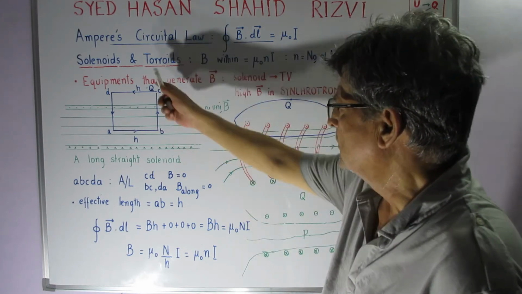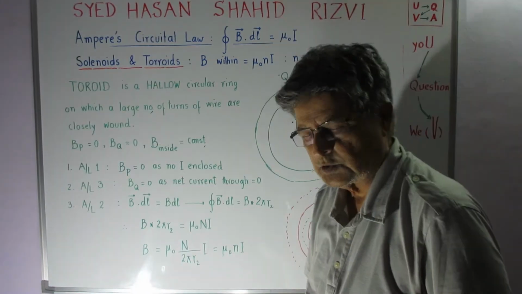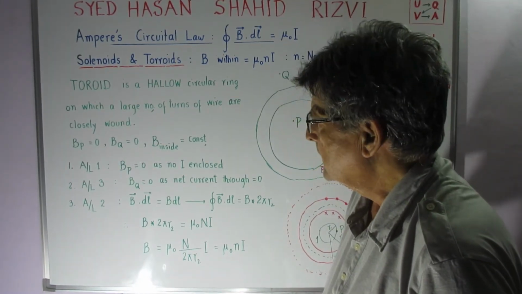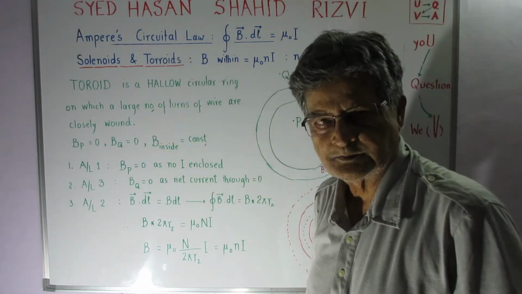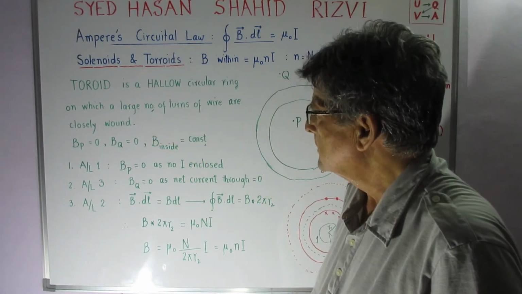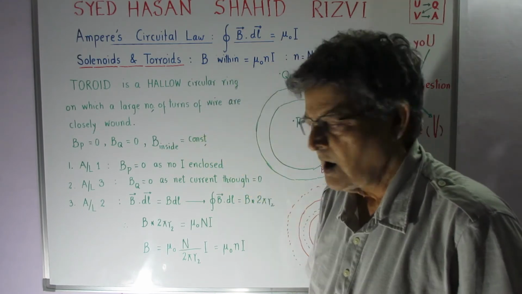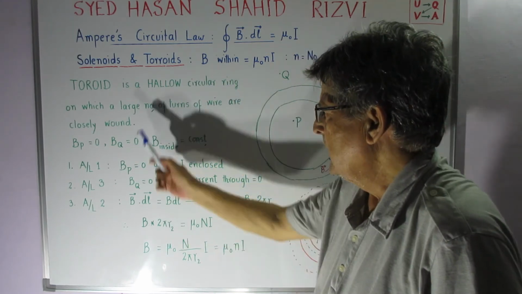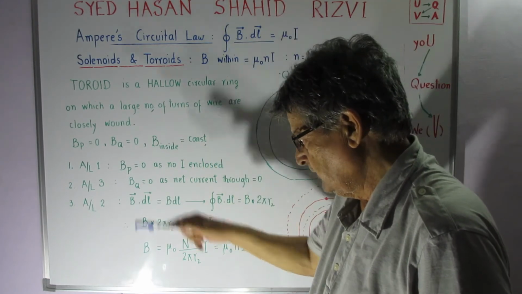Okay, so I am going to tell you about the toroid. The next item is toroid, and toroid is a hollow circular ring on which a large number of turns of wire are closely wound.